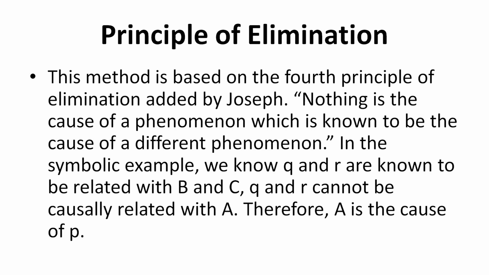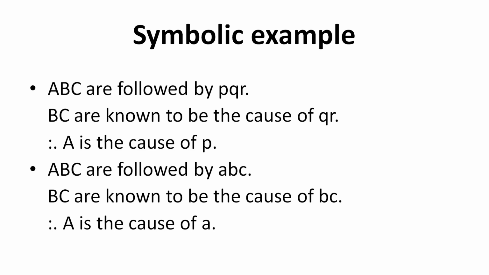We have taken some symbolic examples out of which we can take away the unnecessary factors and relate A with P in the following manner. A, B, C are followed by P, Q, R. B, C are already known to be the cause of Q, R. So, A is the cause of P. Or, A, B, C are followed by a, b, c.